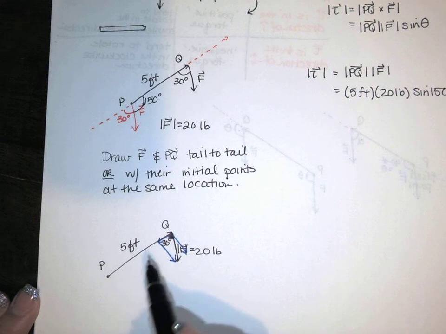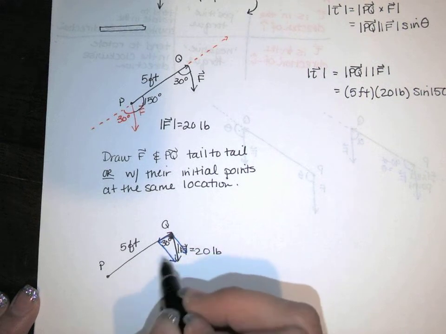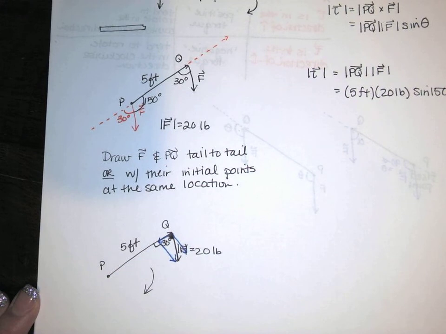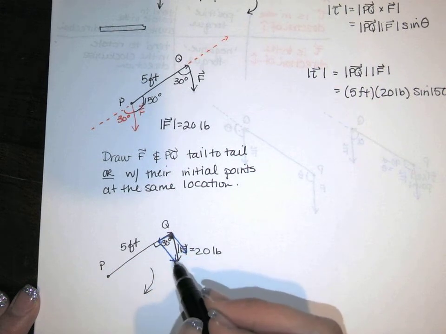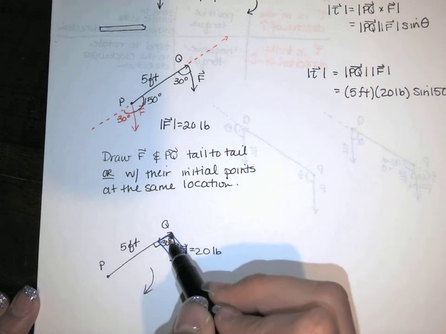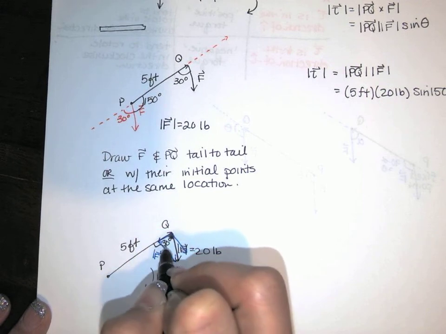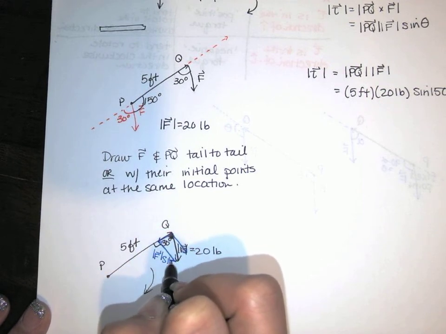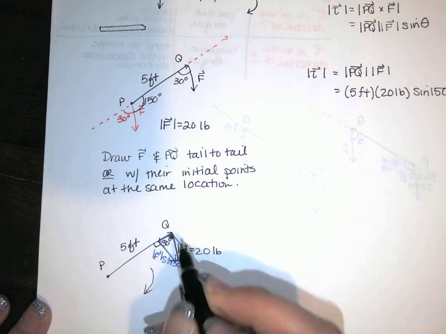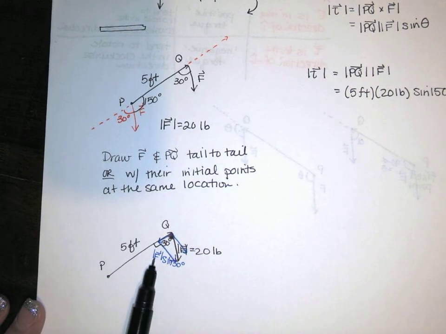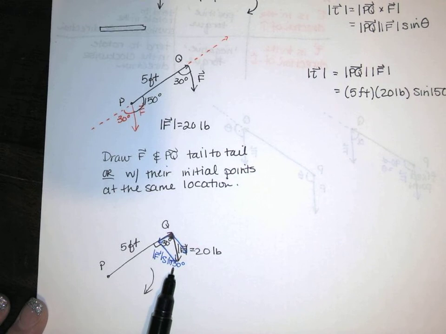The part of the force that's doing the work is this part, the part of the force that's perpendicular to PQ. And you say, well, what's the magnitude of that force? Well, it's opposite 30. So we're going to get a sine of 30 right here. And we have to multiply by the magnitude. So this part of the force is the magnitude of the force times sine of 30.